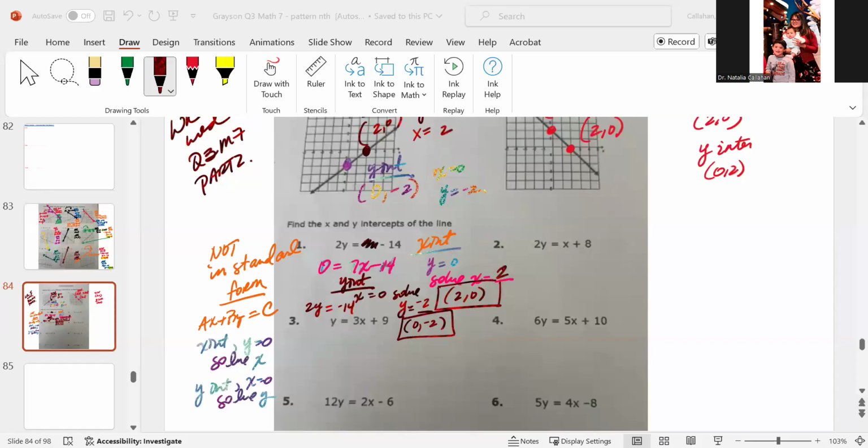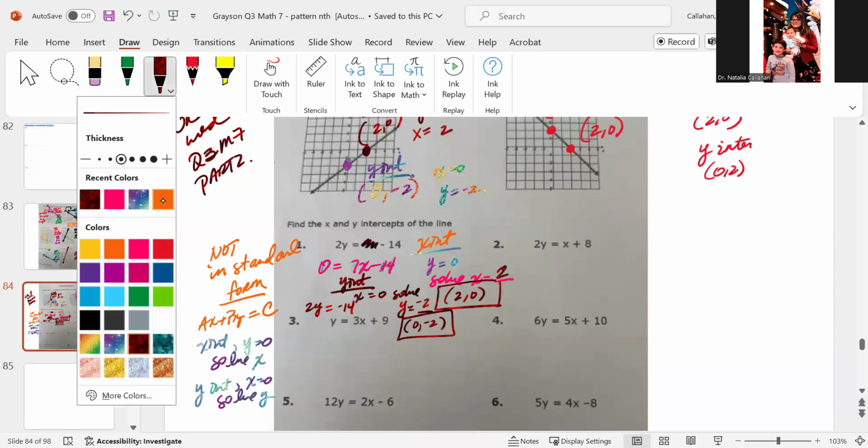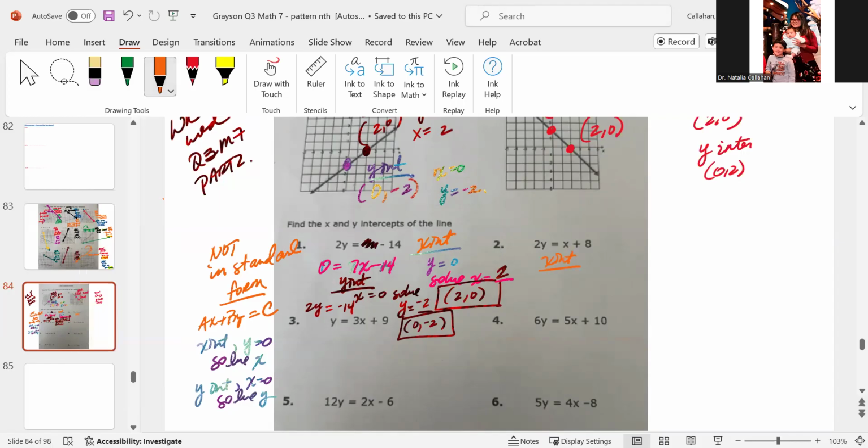Okay, so for number 2, if you're looking for the x-intercept, y is 0, right? Cross that out. You put 0 right there equals x plus 8. What's your x? X is negative 8.